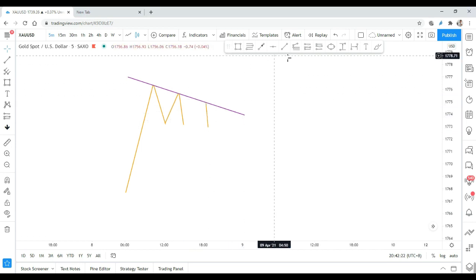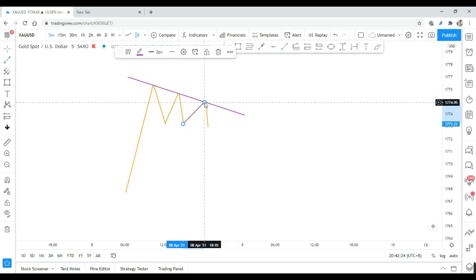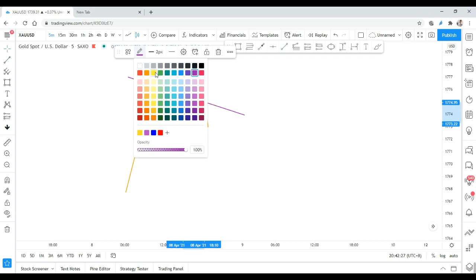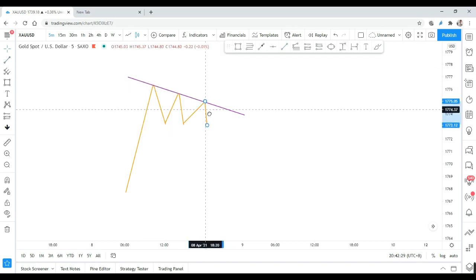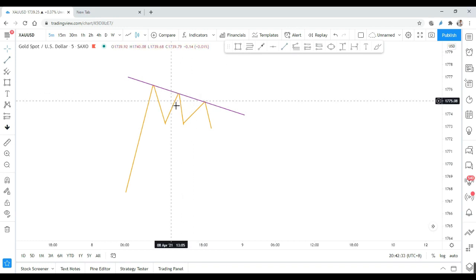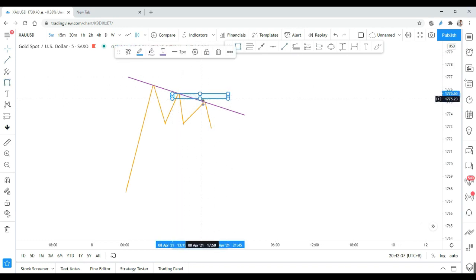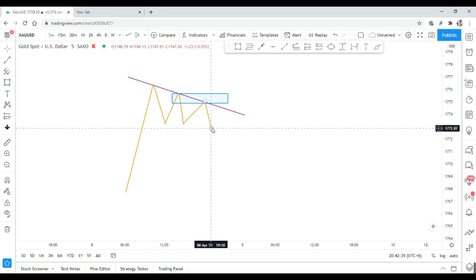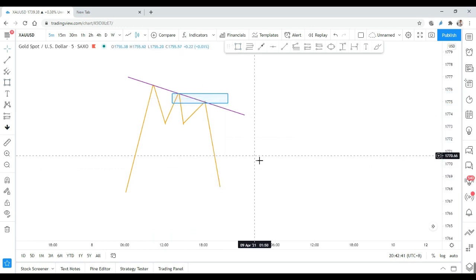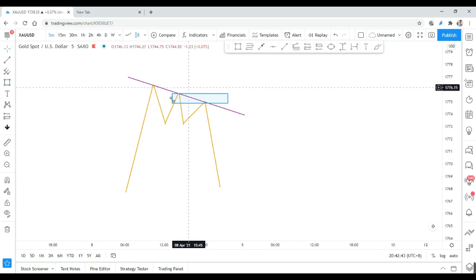The price will tend to retest and find a fresh supply zone. We test the fresh supply zone before it breaks. So this is the first opportunity.